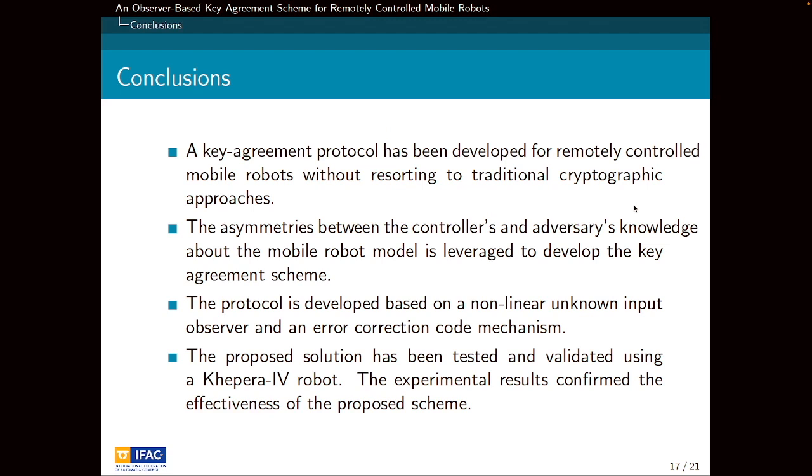The protocol is developed based on a nonlinear unknown input observer and an error correction code mechanism. The proposed solution has also been tested and validated using a Khepera 4 robot. The experimental results confirm the effectiveness of the proposed scheme.